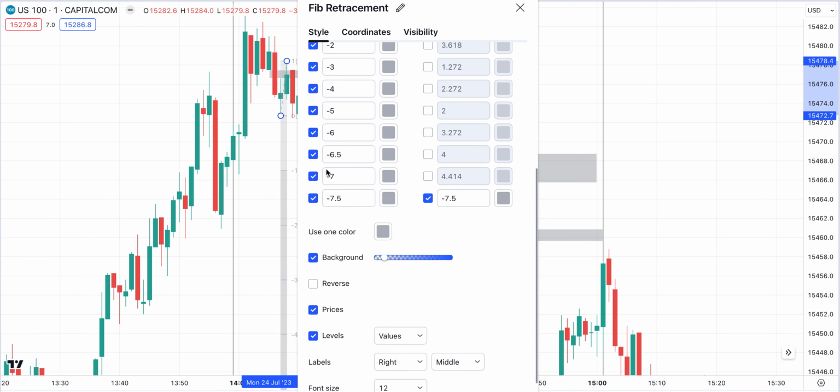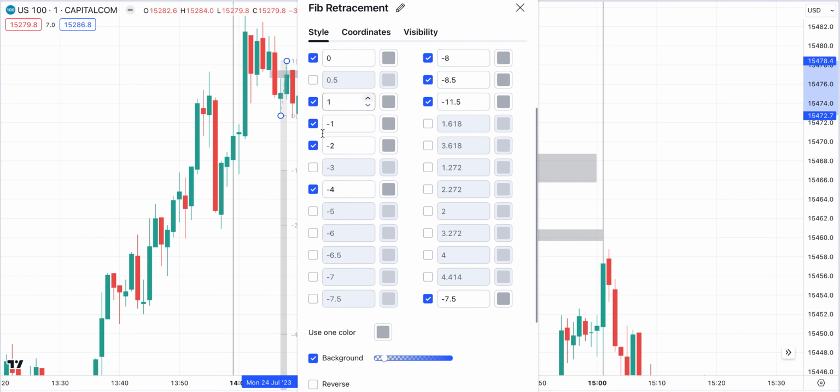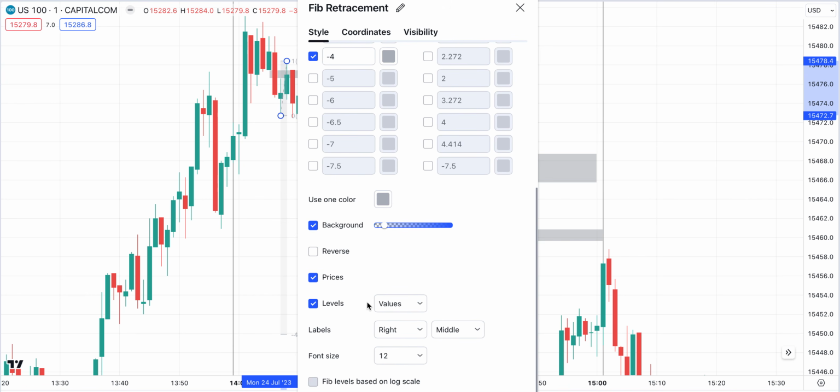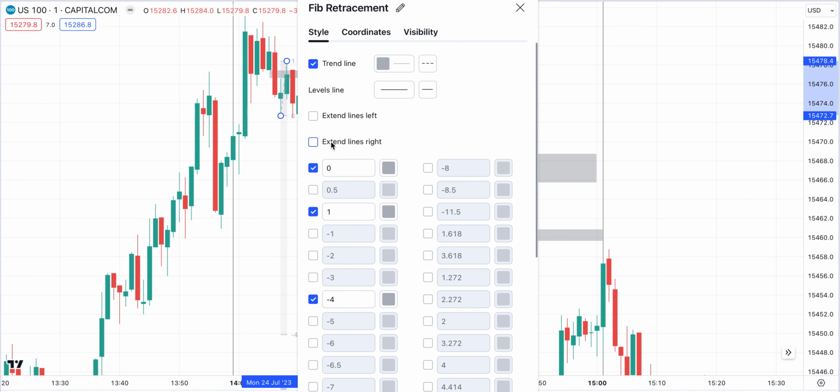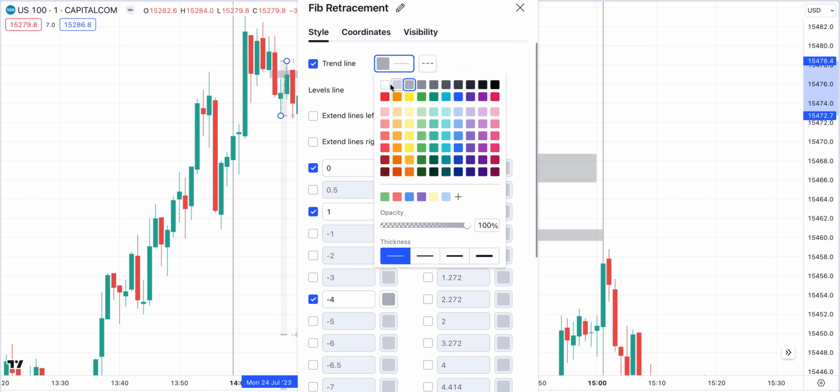I'll turn everything off. -4 is the only one I want on. 0, 1, -4, that's all I want. And I don't want prices on, I want levels only. Trend line, I don't want to see that.